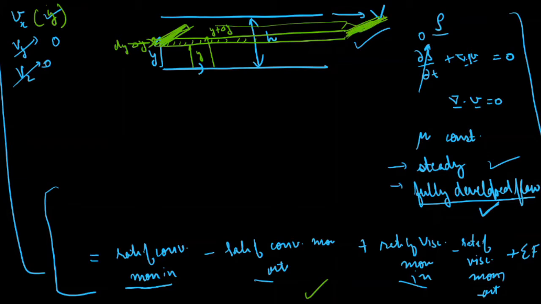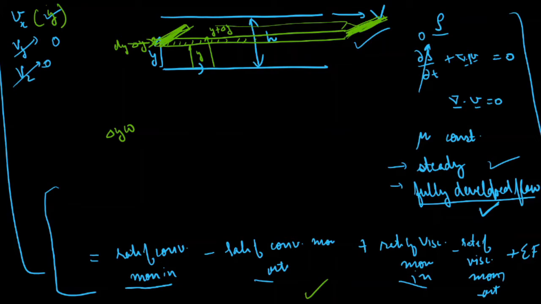So then what is the area of this surface from where the momentum is going in? The area is delta y multiplied by w, where we assume that the width of the plates is w, which is very large.